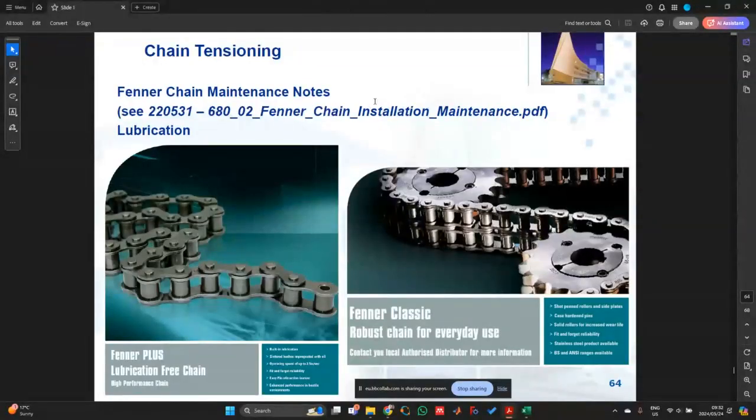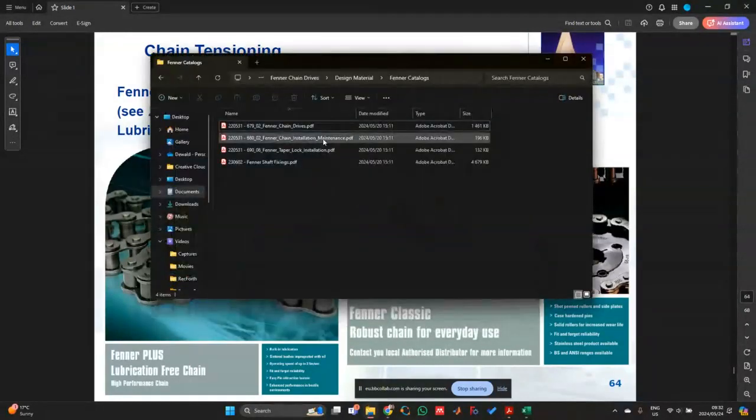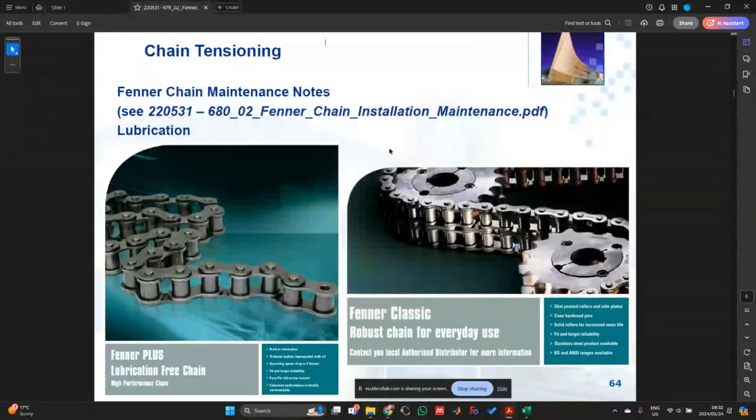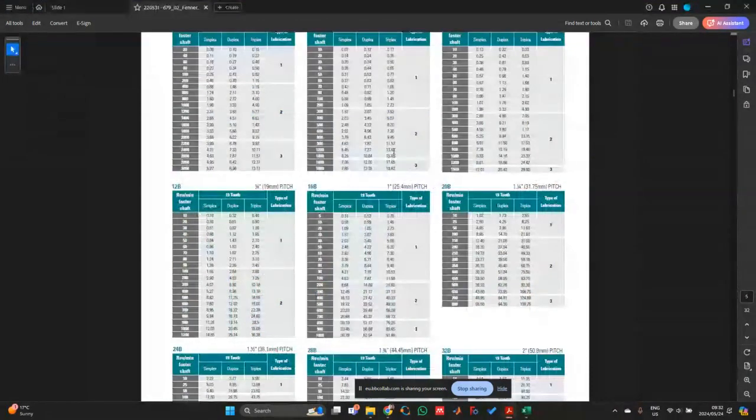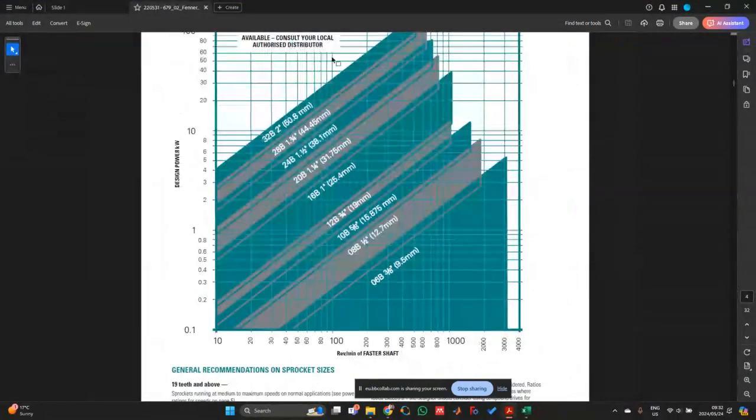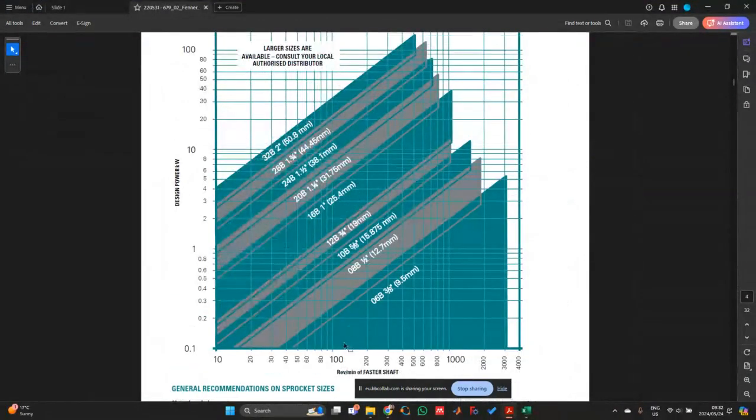And over there we said what would happen if we choose a chain pitch that is smaller than the one that we get from the graph. So in that case, perhaps I should just open it up. We go to Fenner Chain Drives, and remember that on page 4 we had this graph over here, and we said if we use the revolutions per minute of the faster shaft, and we use the design power, then we ended up over here with the 16B 1-inch chain pitch.